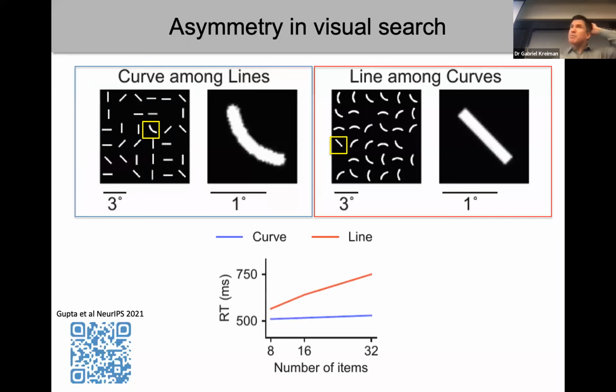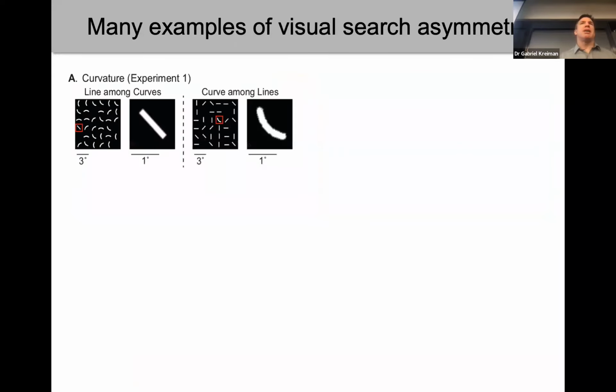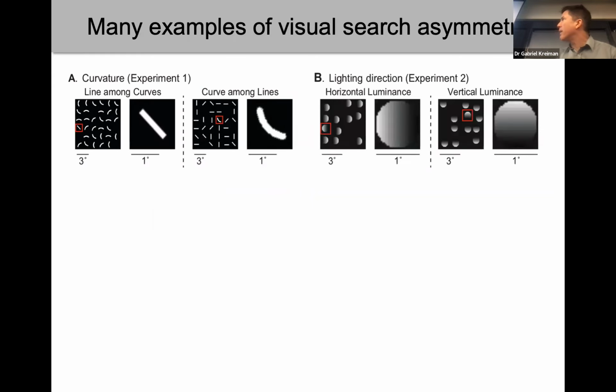Okay. So visual search asymmetry. This is not just the peculiarity of curves among lines. Psychophysicists have described lots of different examples where you have this asymmetry. So here's another one. You're looking for target objects that have different illumination directions.